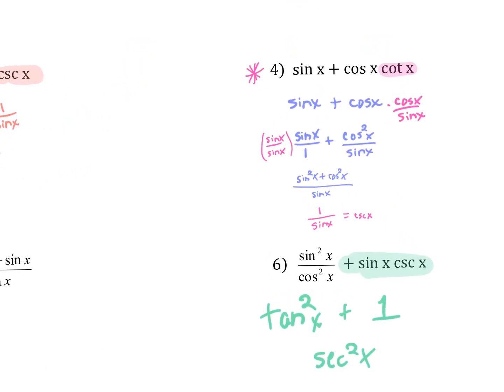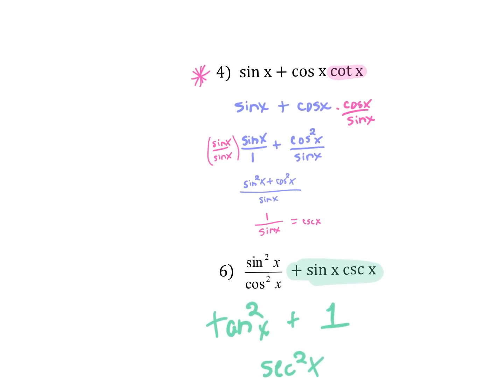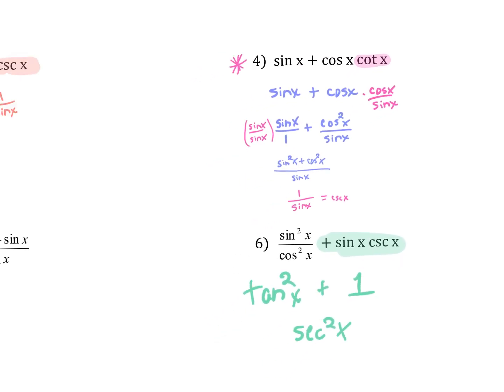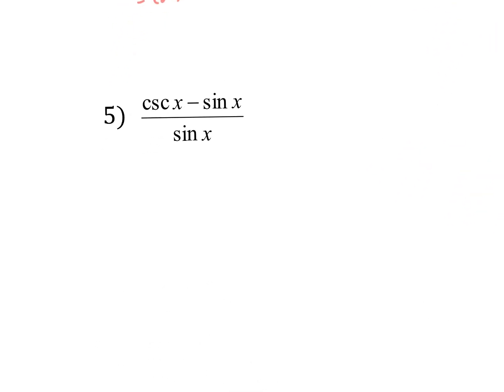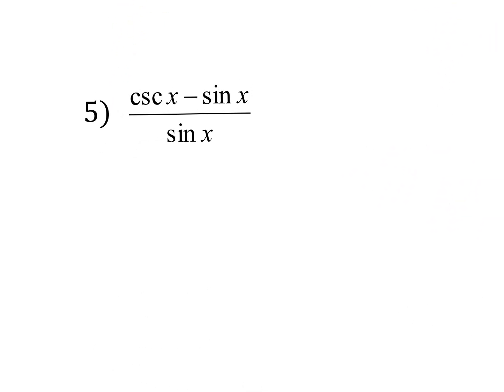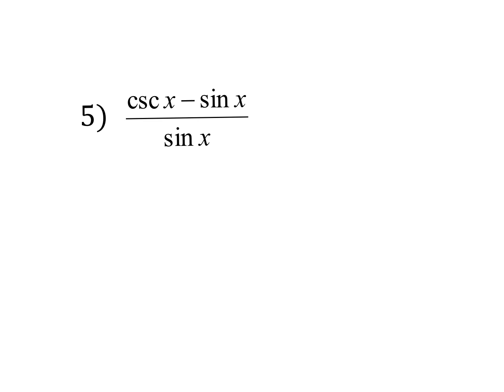So on number 4, we had to multiply to get a common denominator. Another type of problem that you are going to see is that in some instances we have multiple terms on top and we have a common denominator. And so we want to rewrite each of those terms so that they are separate from each other.